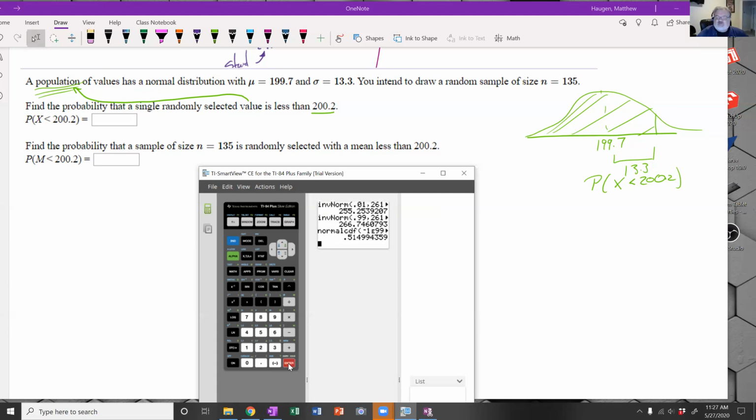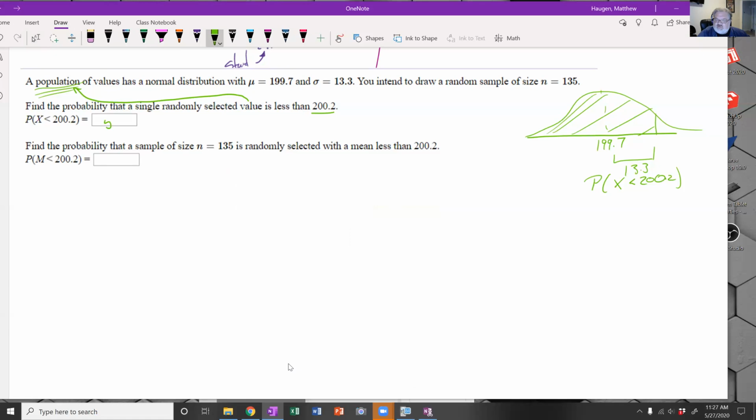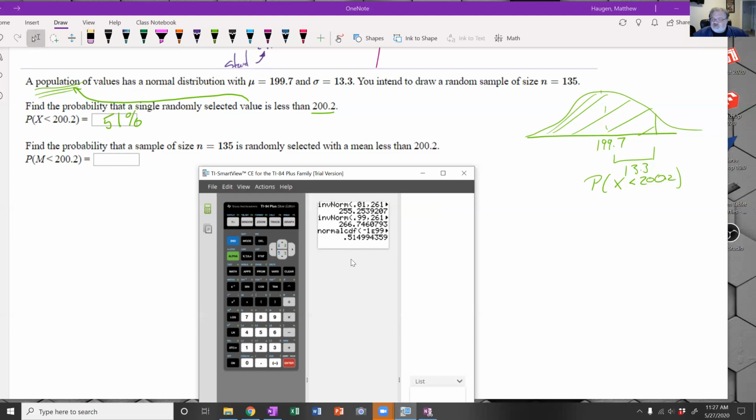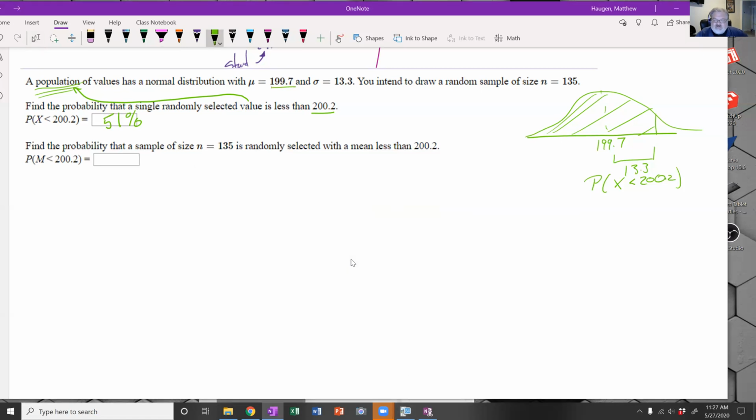So that's 51%. Now that 51% should be hopefully fairly reasonable, because this 200.2 isn't that much above the 199.7, right? It's just barely above that 199.7.